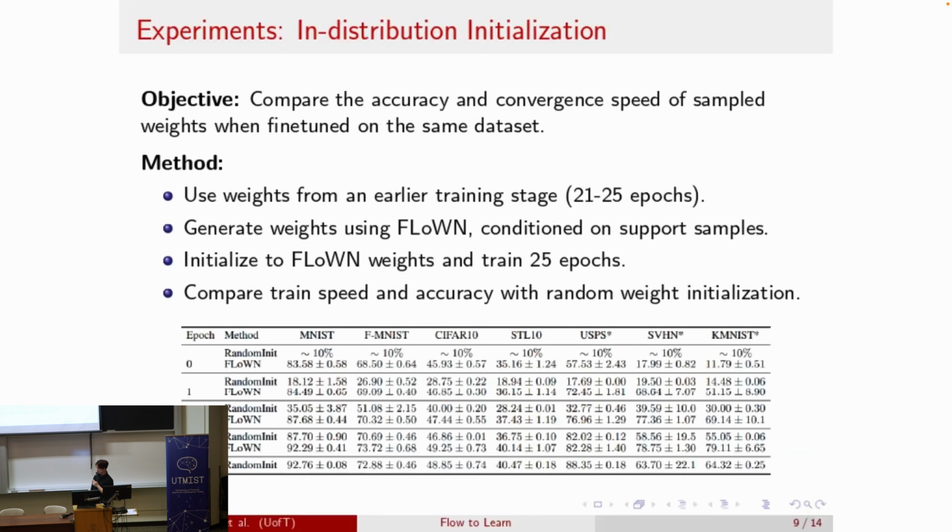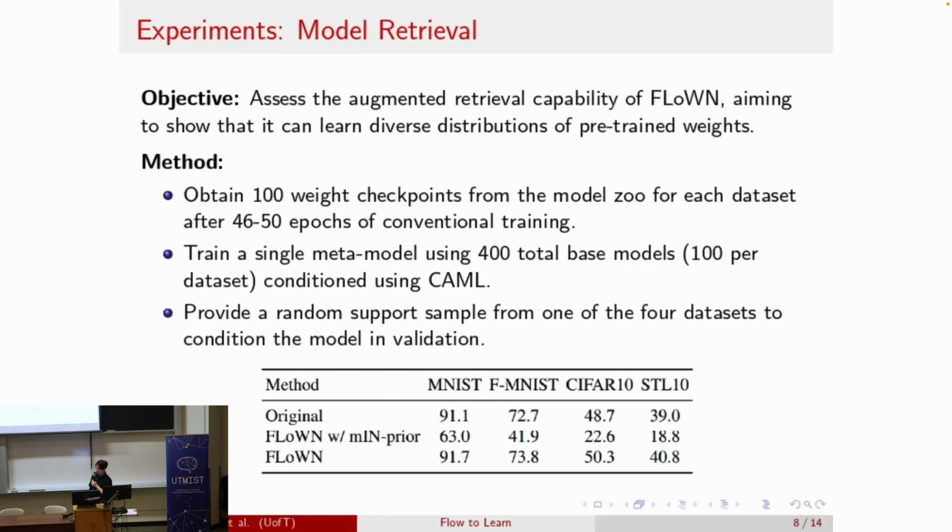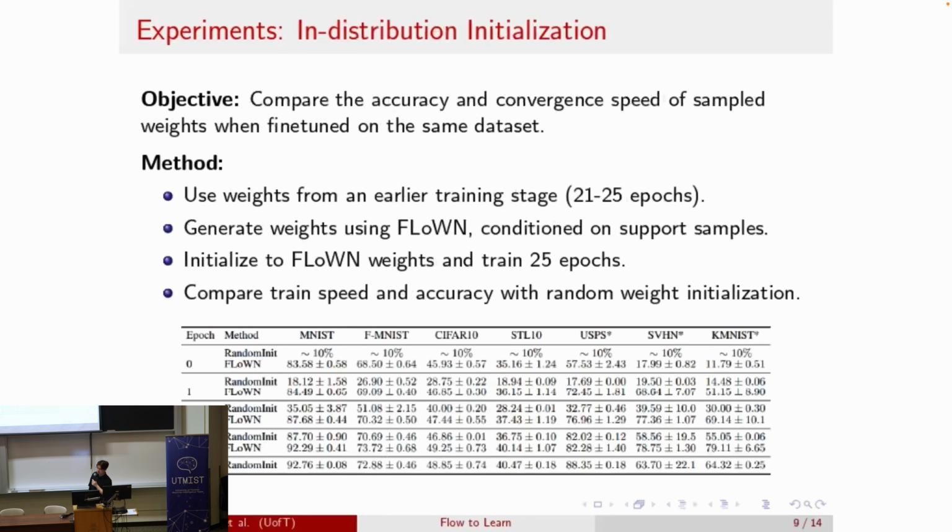Another extension of the previous experiment is that in this case, we're taking weights from epochs 21 to 25 instead of epochs 46 to 50, to have some room for improvement. Then we generate the weights using our method, conditioned on support samples, like in the previous experiment.